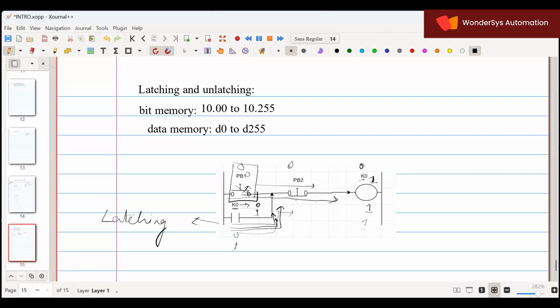So one more push button I'll be using, but I'll be using it through a NC contact. Whenever I press this button, this will break this signal, the latching signal, thereby making the output 0. So now this switch, whatever we are using to break it, is called unlatching.